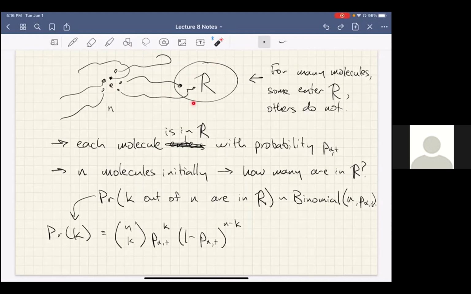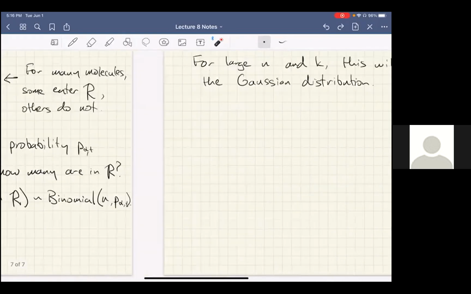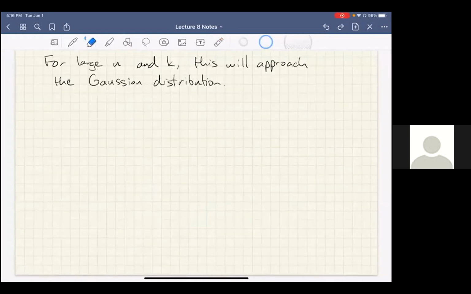So what I'm actually calculating here is the sum of each alpha for all of these random variables, which means that, from the central limit theorem, the distribution of that sum of alphas will approach the Gaussian distribution.